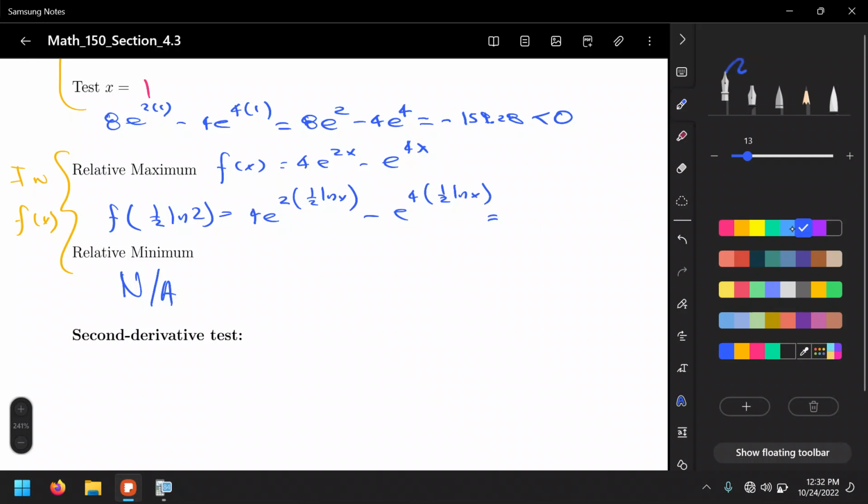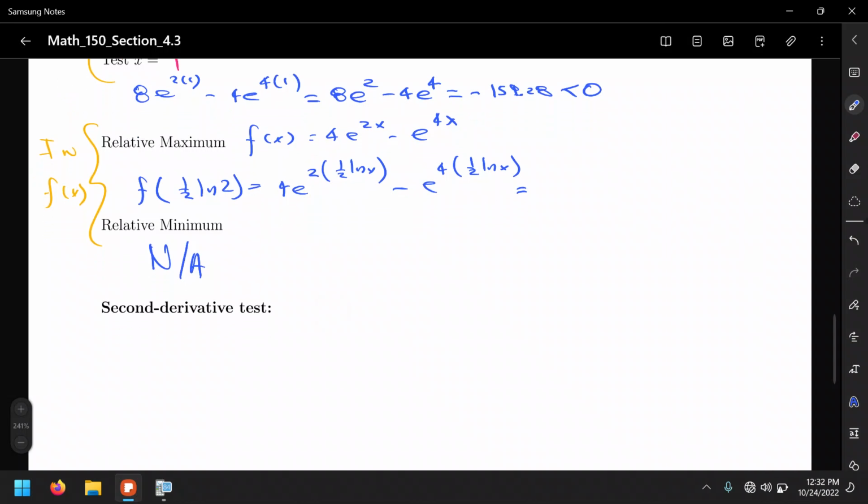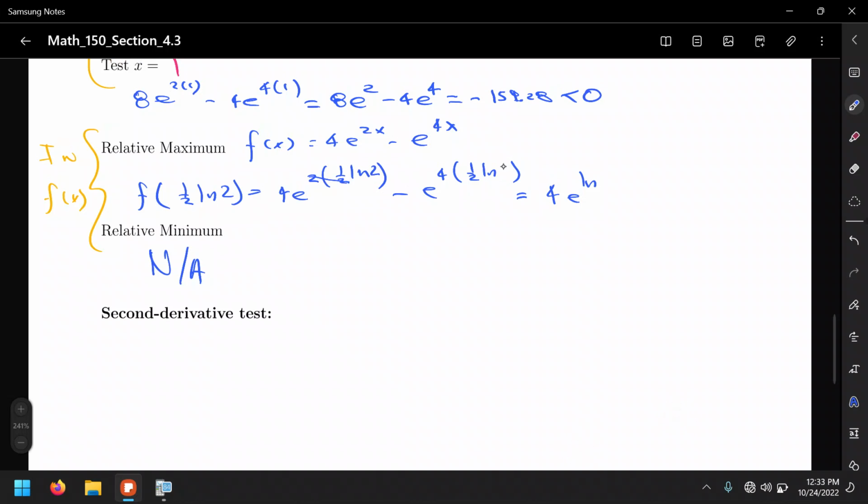Let's reduce first. The 2's cancel here. That's going to leave us with 4 e to the ln of 2, minus e to the 4 over 2, that's 2 ln of 2.